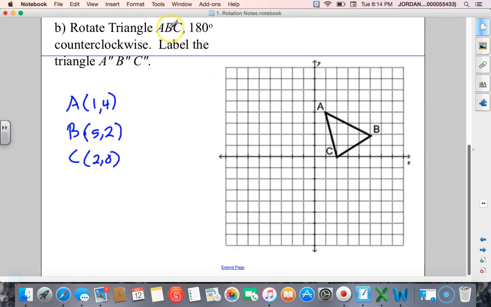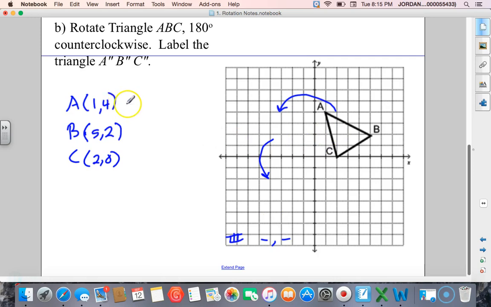Alright, so now if we want to rotate it 180 degrees counterclockwise, that's going to take it to the quadrant we were in last time, and then a second time into this bottom left quadrant, the third quadrant, right? So in this quadrant, remember our signs. X's are negative, and Y's are also negative. So but everything's going to be negative in this quadrant.